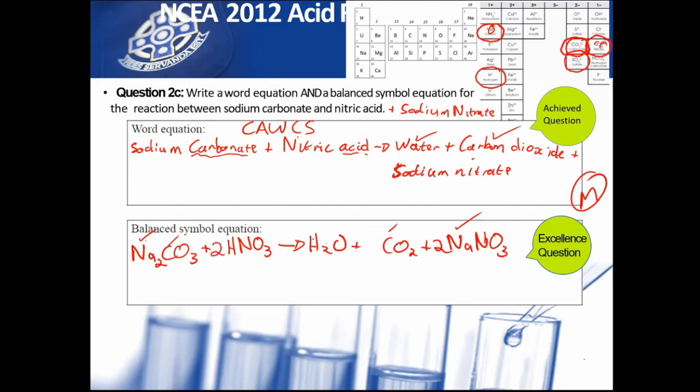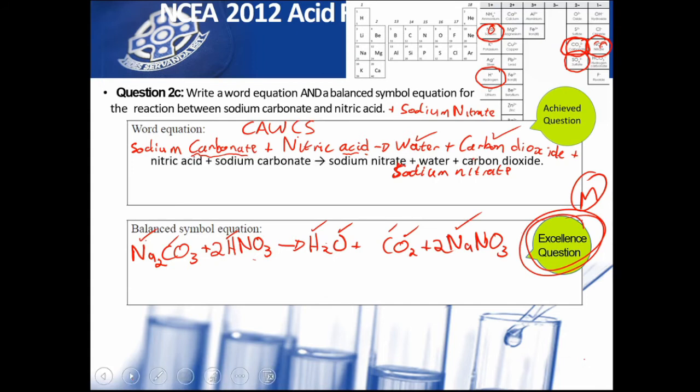Now we have 2 hydrogens and 2 hydrogens. Boom, boom. Oxygens, we have 3, and there's 1, 2, 3. And now our nitrate, NO3, there's 2 of them, because remember this 2 counts on this whole molecule, so there's 2 NO3s. How many NO3s on this side? 2 times NO3. Yay! You've just achieved excellence. Easy peasy.